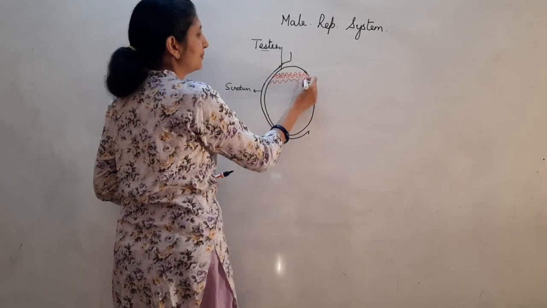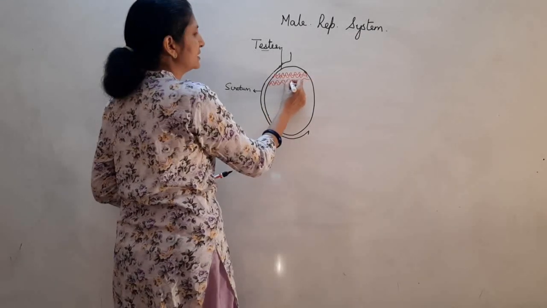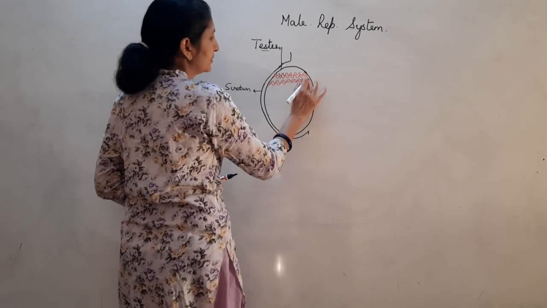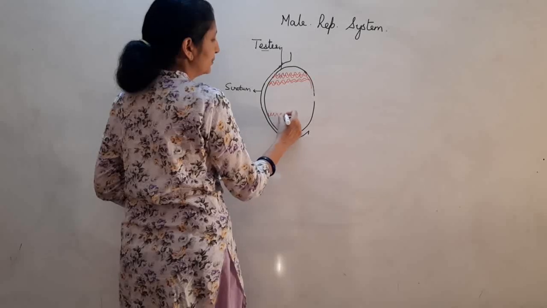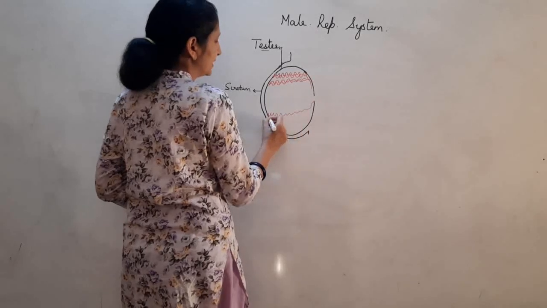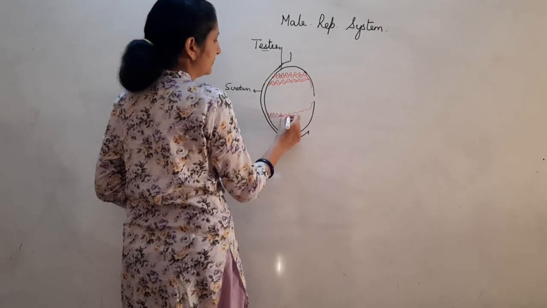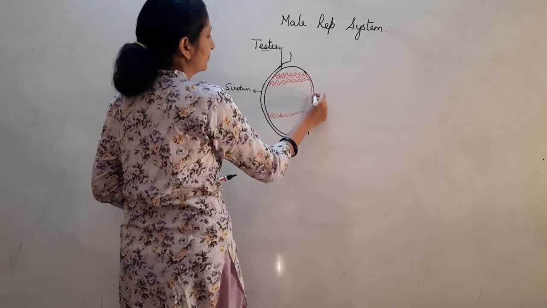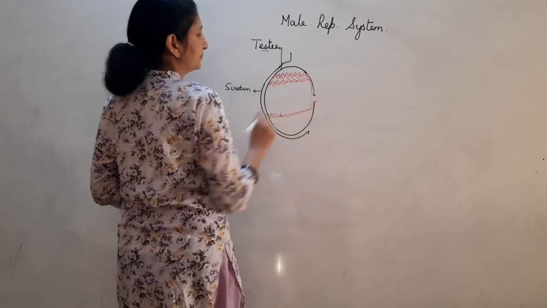ठीक है? So मैं थोड़ा far कर रही हूँ. They are very near each other like this. These tubules collectively would be filled inside the testes like this. पूरे testes में हैं. These tubules would open out like this.